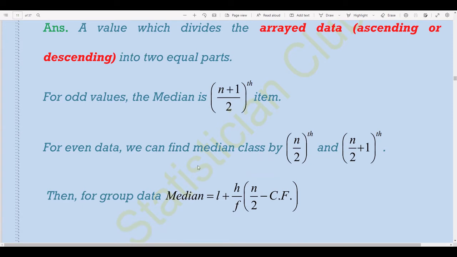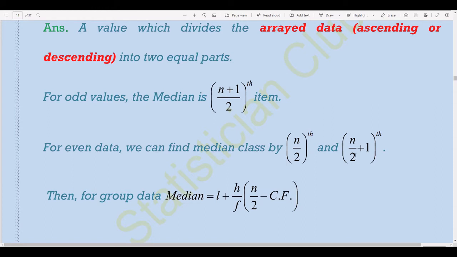And for even, suppose your n is 6. So take the n by 2 th observation, 6 by 2, 3, the third observation, and n by 2 plus 1, taking LCM, 6 plus 2 by 2, 8 by 2, the fourth. So after simplification, this is the third value and this is the fourth value.